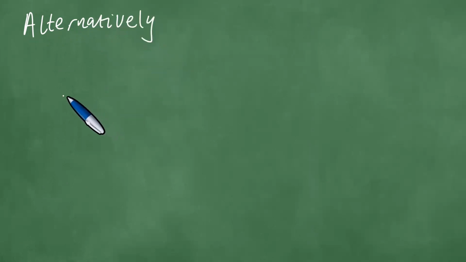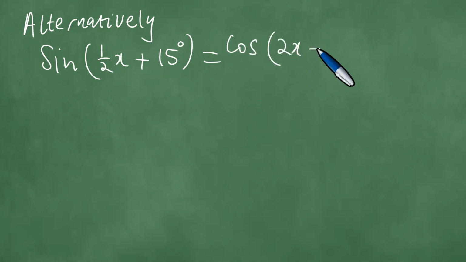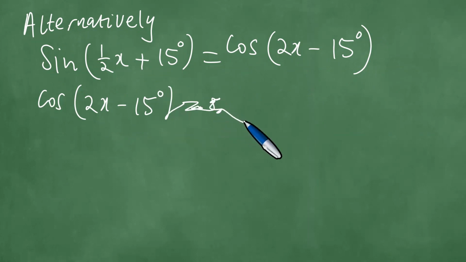Alternatively, what we have as well is that if you have the sine of 1/2 x plus 15 degrees, it is exactly the same as if this is 2x minus 15 degrees. So this is the same as the cosine of twice x minus 15 degrees.